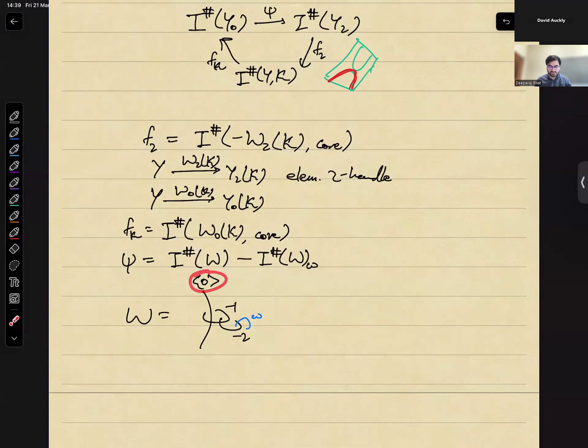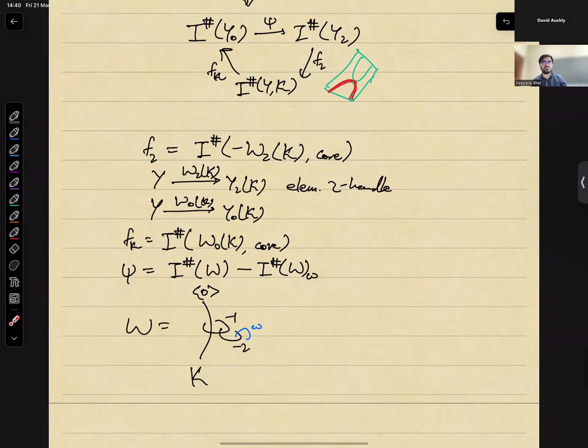If this is your knot K with framing 0, then the relative Kirby diagram has a meridian with framing -1, and on top of that you add another meridian with framing -2, and that's your four-manifold. There's also a decoration you need to use, which corresponds to this one.